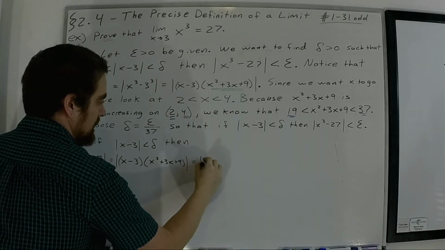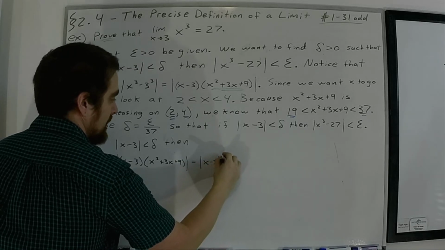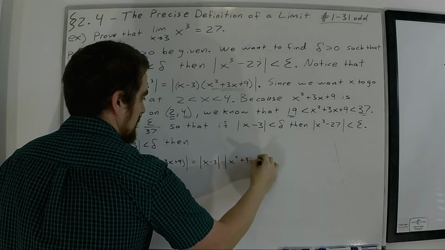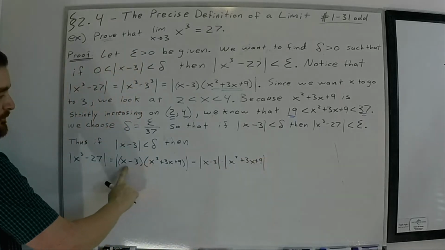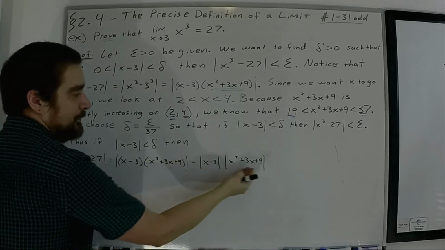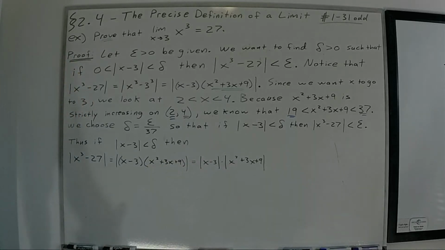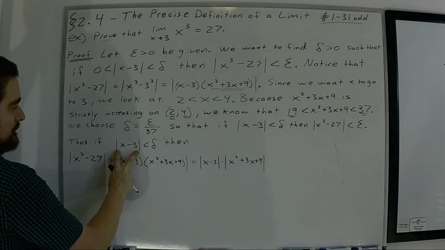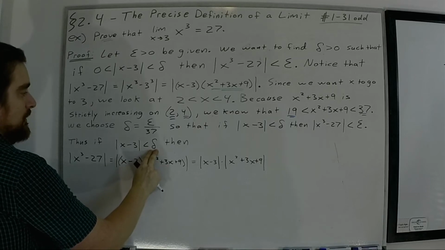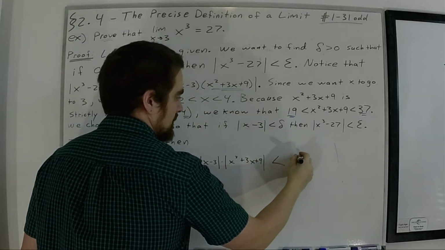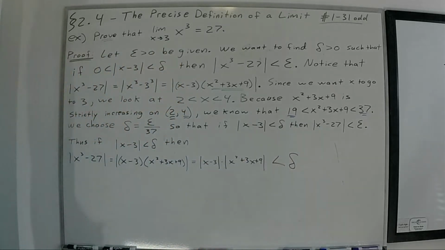Maybe I'll do one more intermediate step and break it up: the absolute value of x minus 3 times the absolute value of x squared plus 3x plus 9. It doesn't matter if I multiply these two numbers together and then take the positive version, or multiply two positive versions. This quantity, x minus 3 in absolute value, has to stay smaller than delta, so I get to replace it with delta using the inequality.